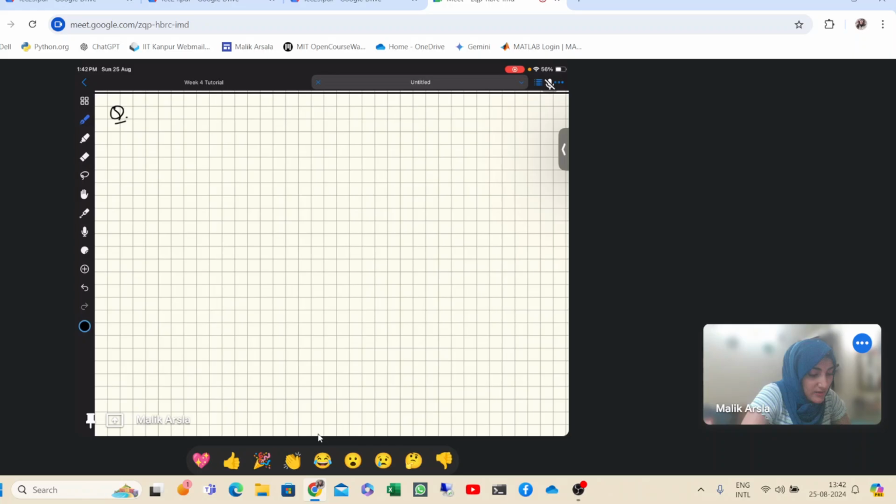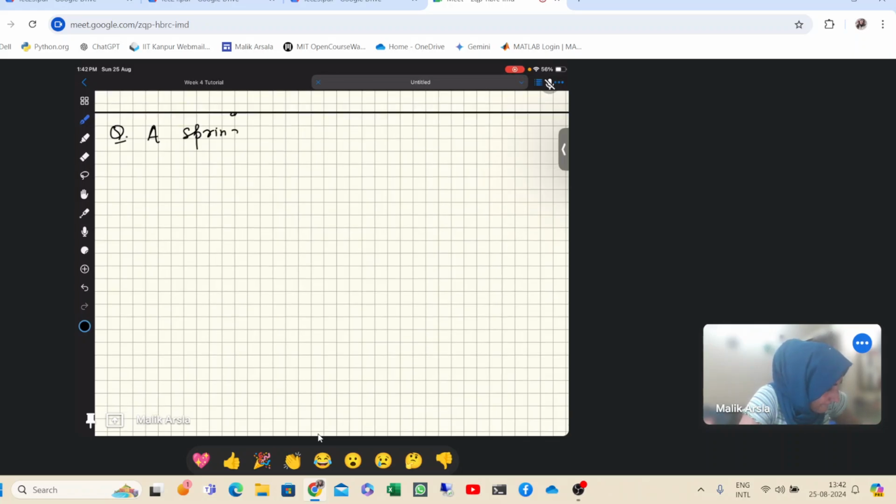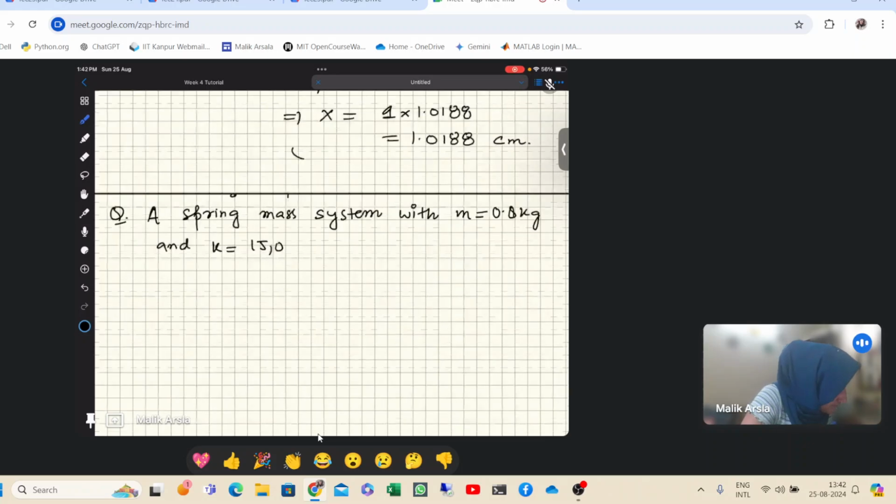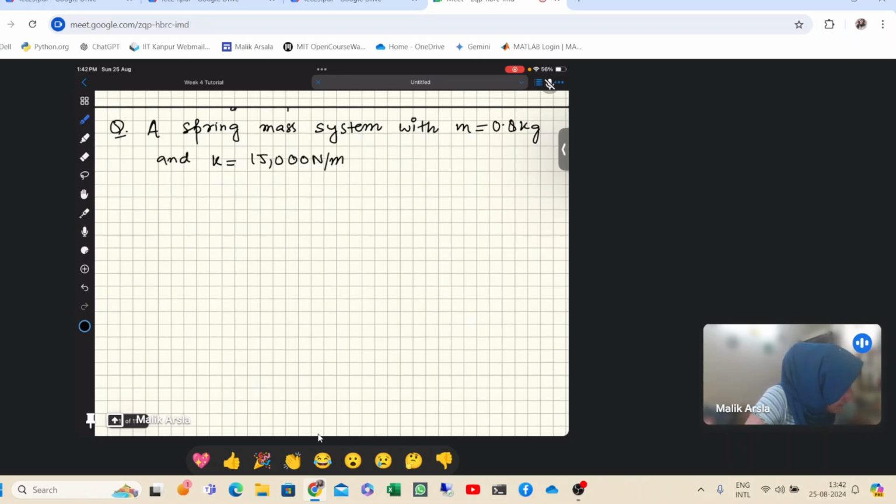Okay, so a spring mass system with m is equal to 0.8 kg and k equal to 15,000 Newton per meter, with negligible damping.